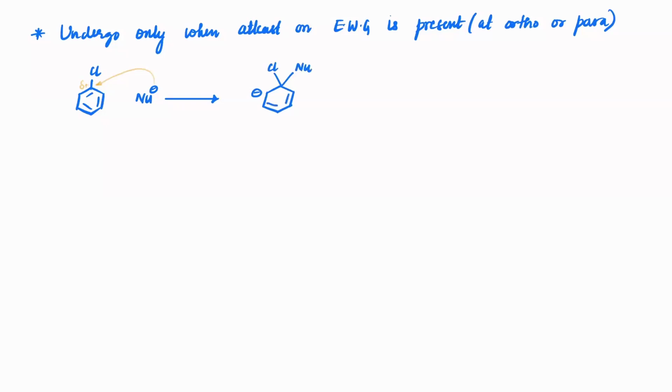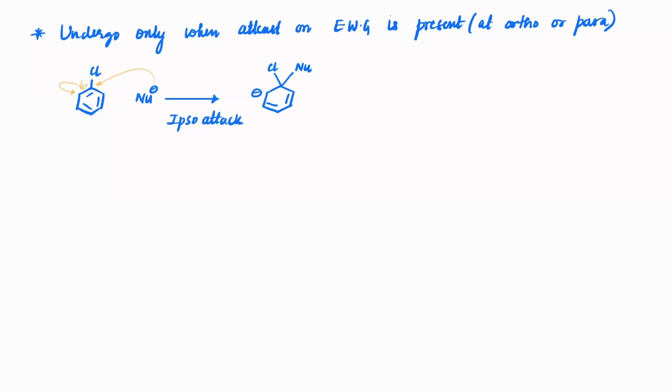So this is the type of intermediate you will notice. That means this pi bond is basically shifting onto this position. Now this intermediate is formed by attack on the carbon which has the chlorine, the functional group here, so this is called ipso attack.